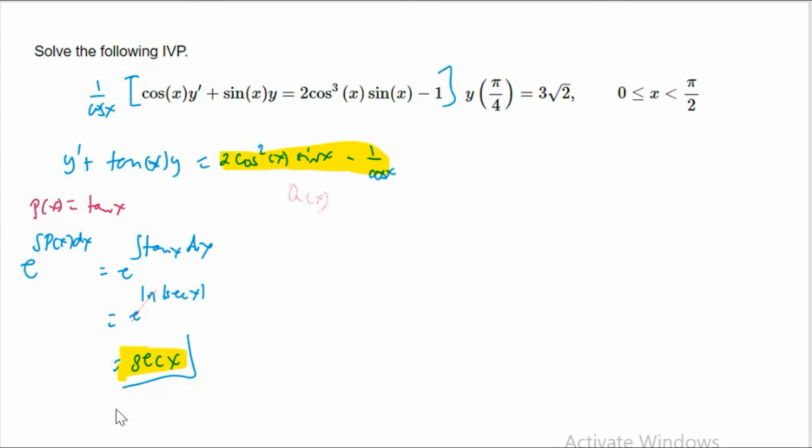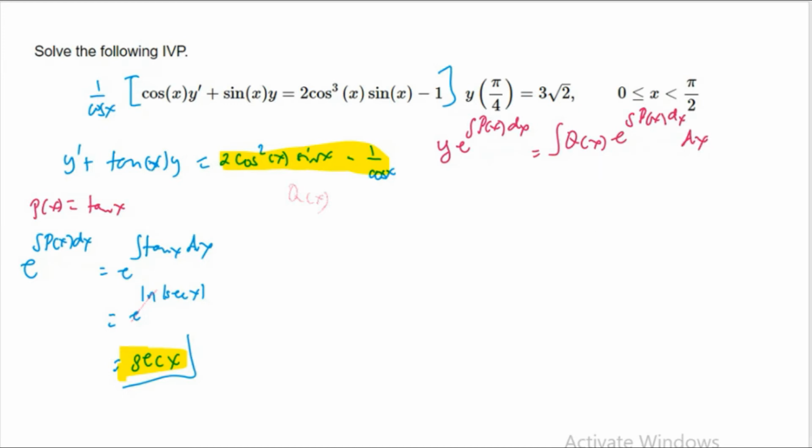Now, after knowing the integrating factor, we are going to use the equation. Since it's linear in y, we have y times e raised to the integral of p of x dx is equal to the integral of q of x times e raised to the integral of p of x dx, dx.